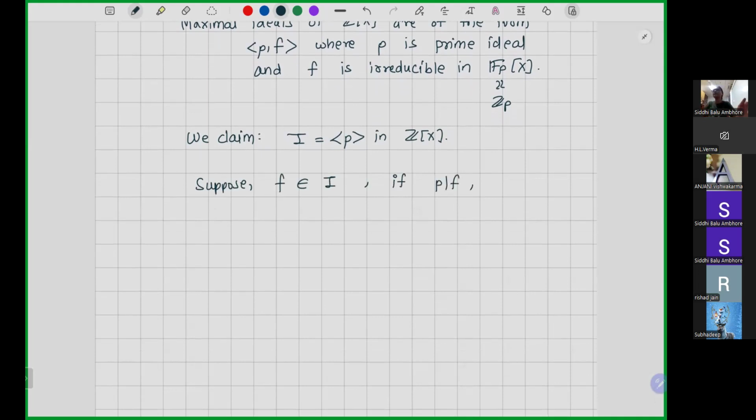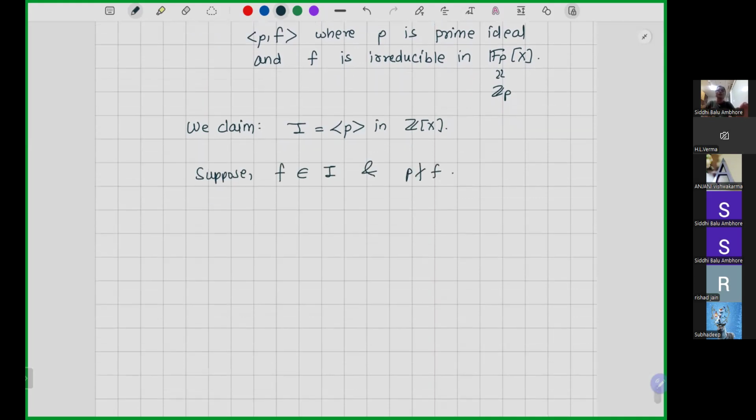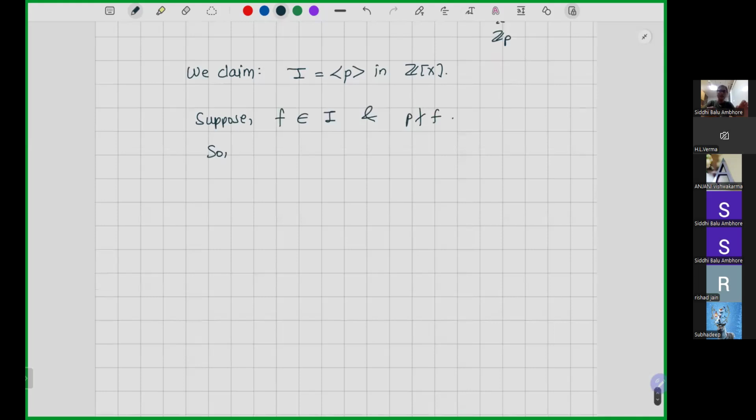Because that's our claim. But suppose F is in I and P doesn't divide F. P can't divide F. That's it.